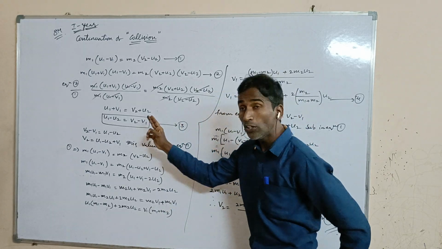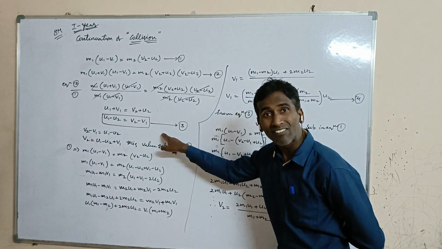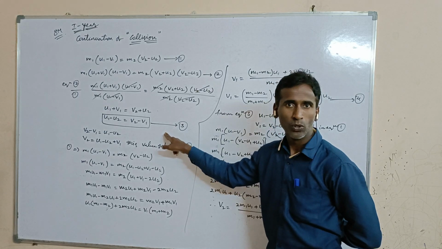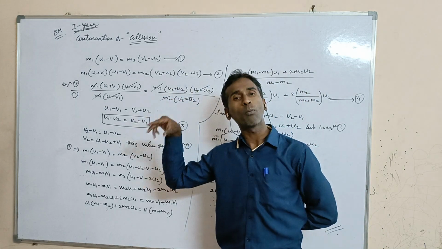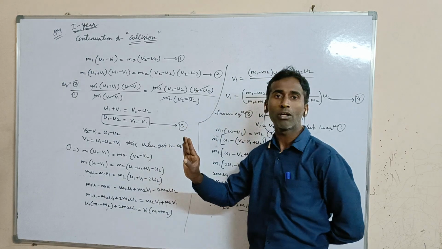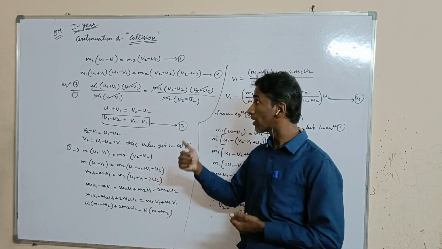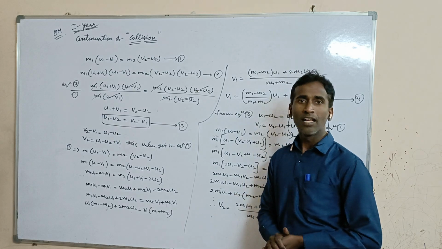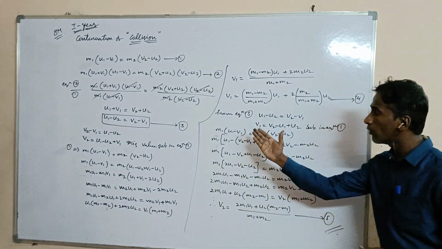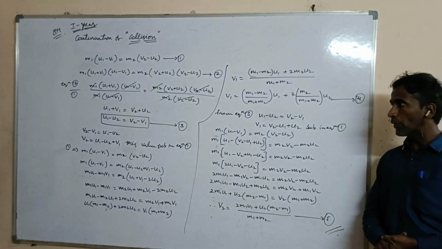Then you can write till equation 3 only. After that he asks one problem also, which I will explain in the next class. That is also most important for this LAQ. I request you all to check this complete LAQ once again.